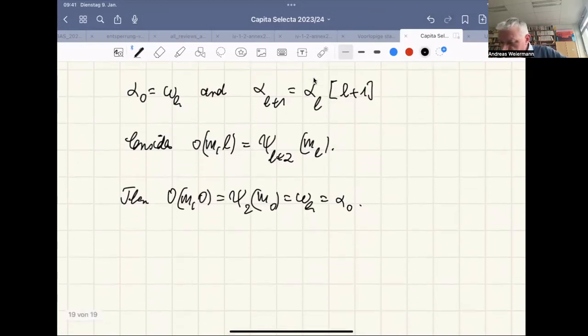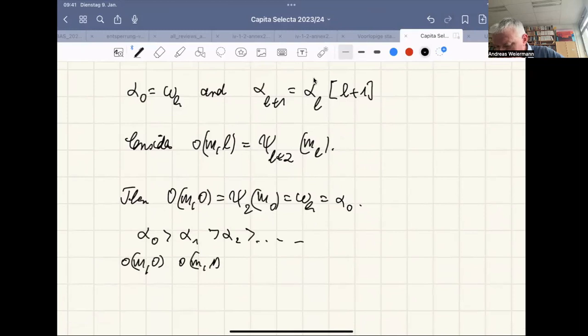So now what is the plan? We have here the sequence alpha 0 going to alpha 1, going to alpha 2, stepping down. And then here we have O of M0, O of M1, O of M2. And we know already this is a descending sequence. Now we know this sequence here becomes long.